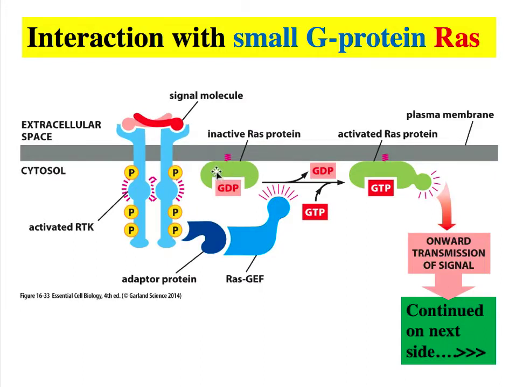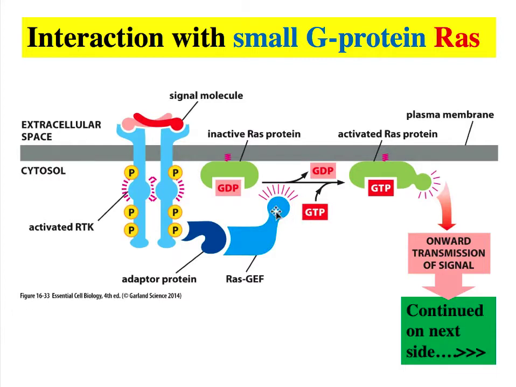This protein here is called RAS, R-A-S, and it has a GDP partner in this normal inactive form. The protein is kept tethered to the membrane by covalent bonding with the phospholipids. RAS protein is very important.